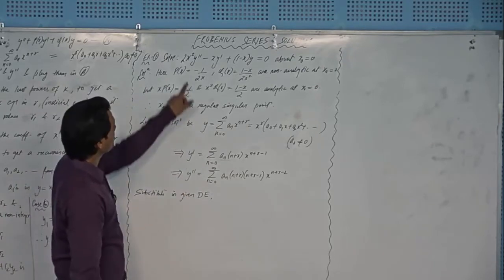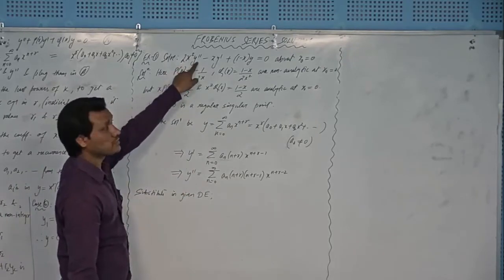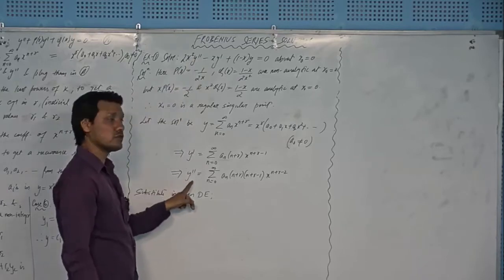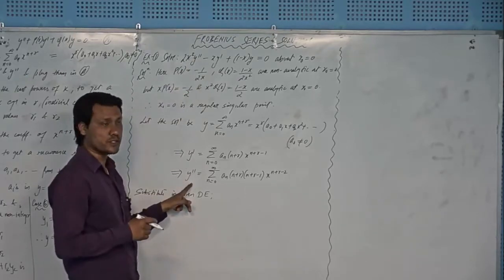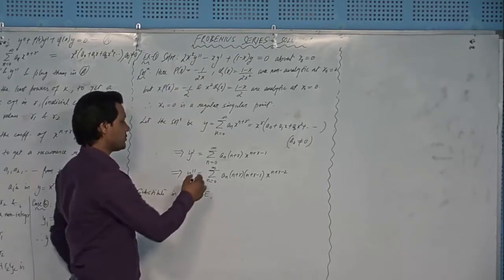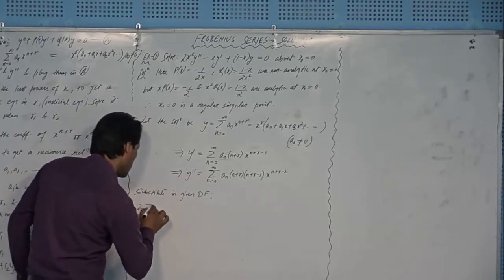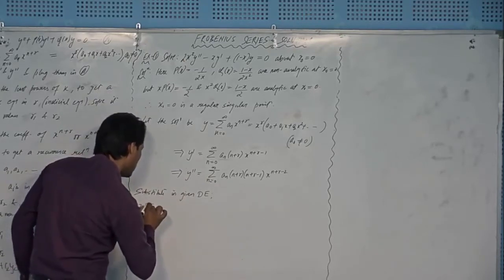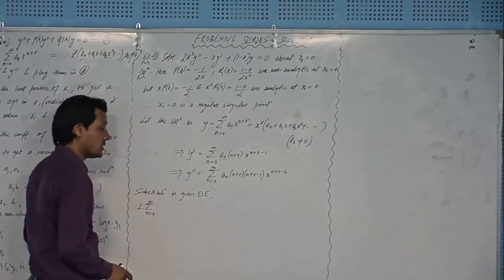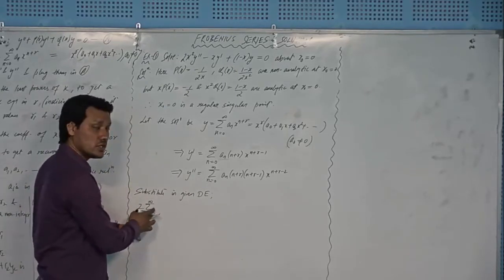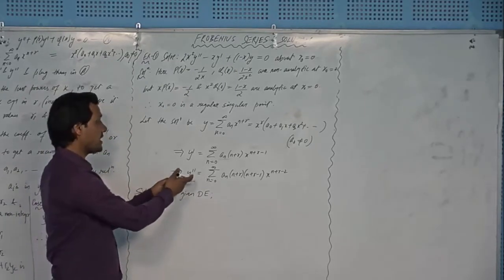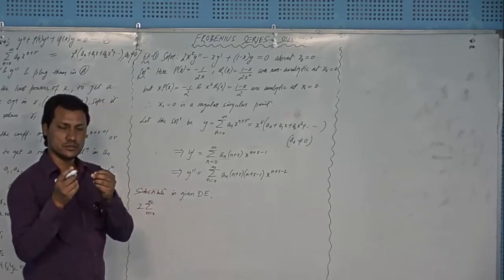So see the first term is 2x square multiplied by y double dash. So I will multiply this with 2x square, and be careful at this point. 2 is a constant, so I will write that 2 here. Summation n equal to 0 to infinity. Again the same point: the range is unaffected by multiplying any derivative of y with x to the power any number.